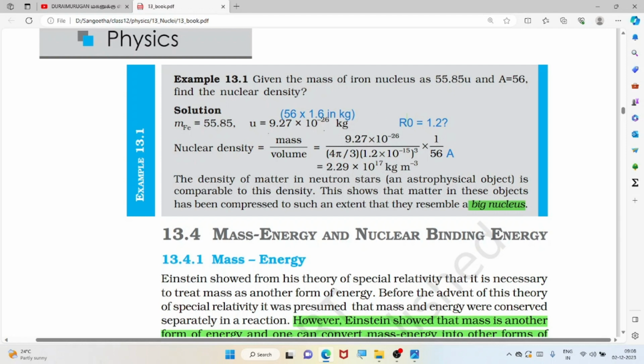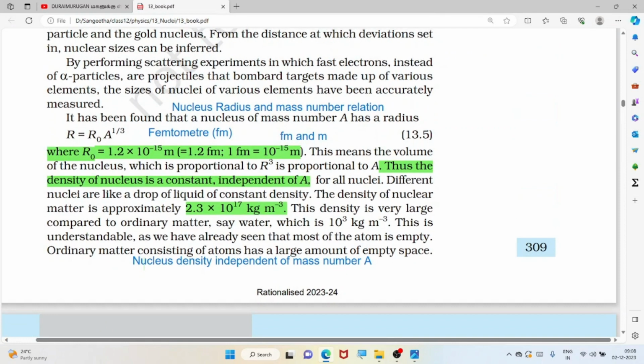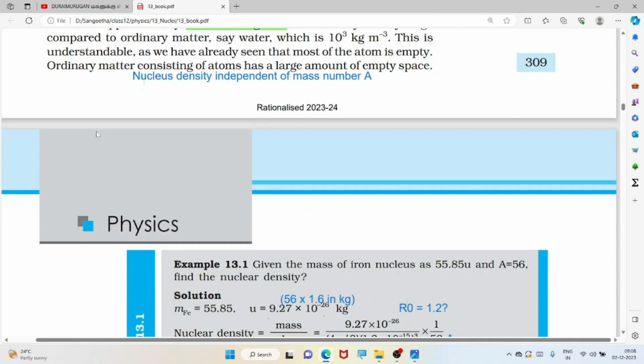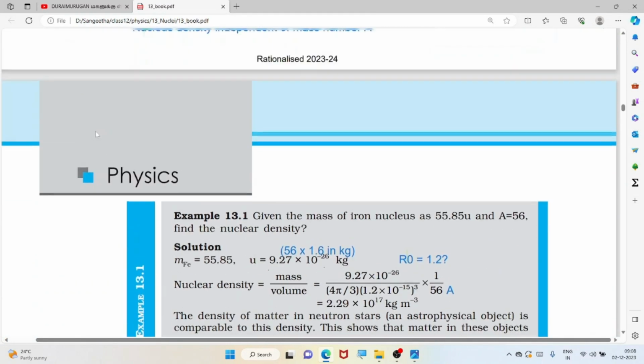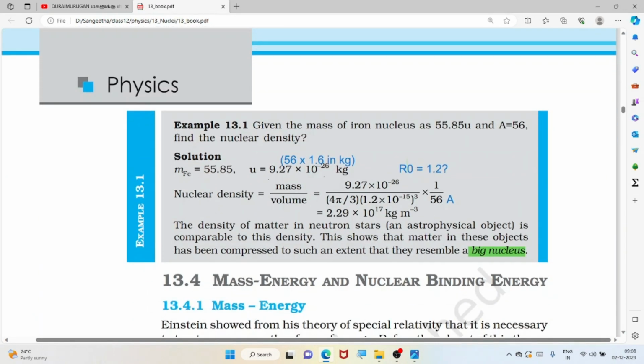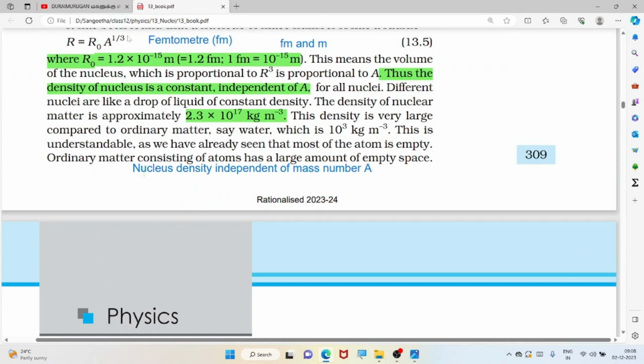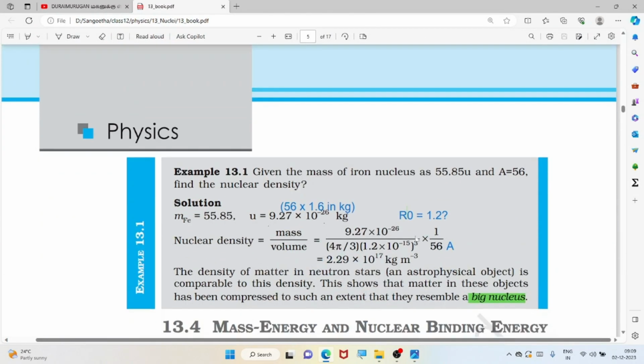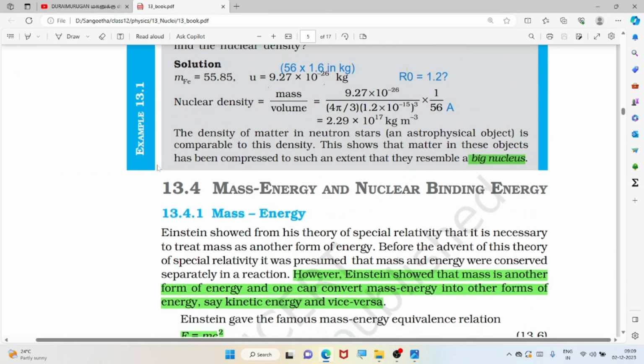The volume is 4/3 pi r cube. This r is taken from this formula, you have to use this formula. Here the A is there, r cube will come, A power 1 by 3, the 3 will cancel out, so we get this A.